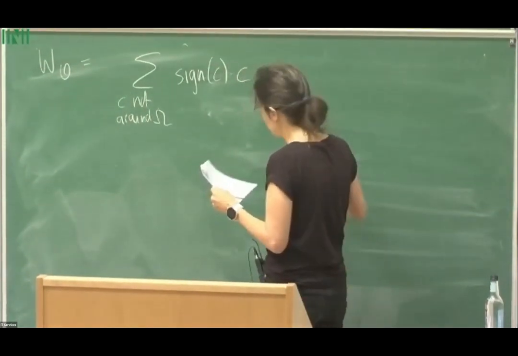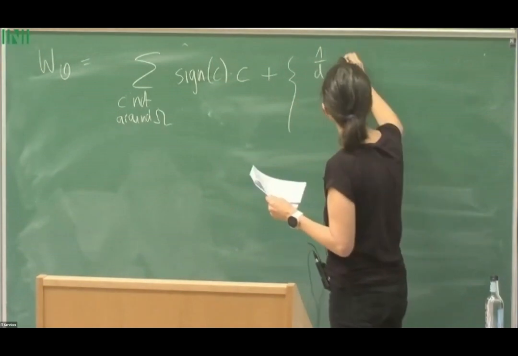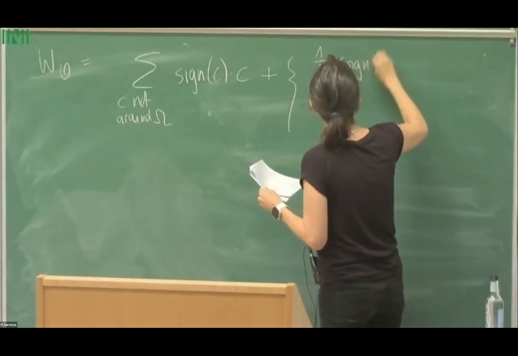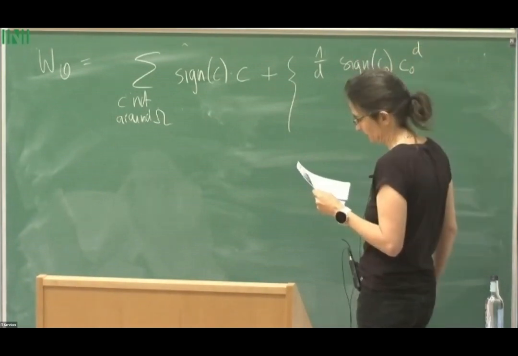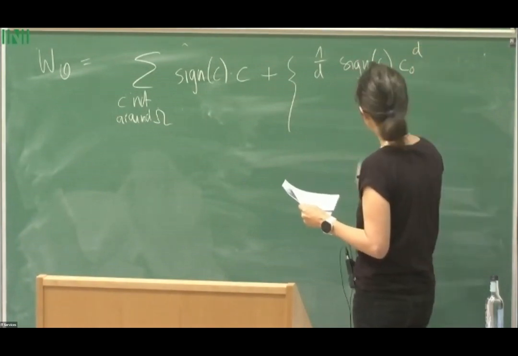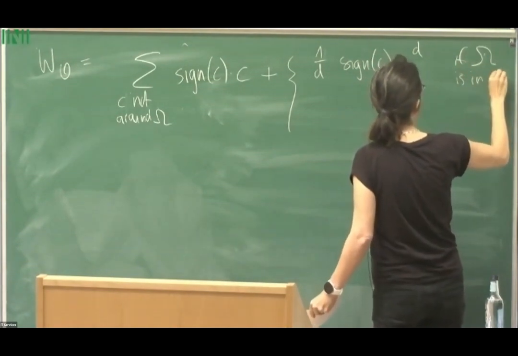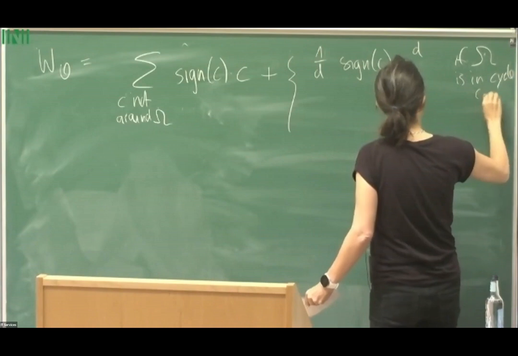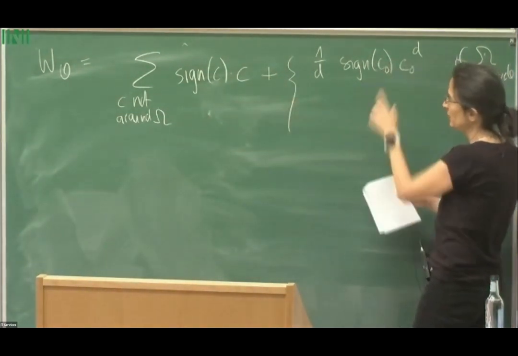And for the central part, either I take 1 over D, sign of C, C_0 to the D, if omega is in a cycle. So in the left two pictures, omega is in an oriented cycle, which I call C_0.